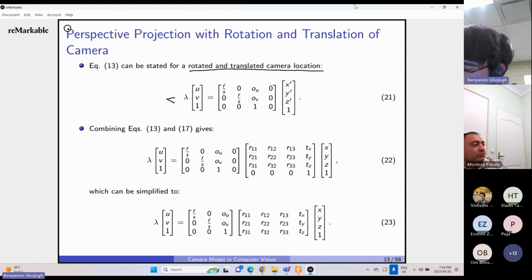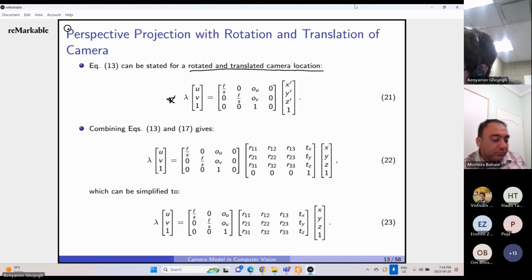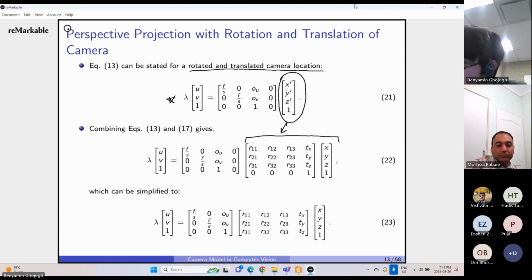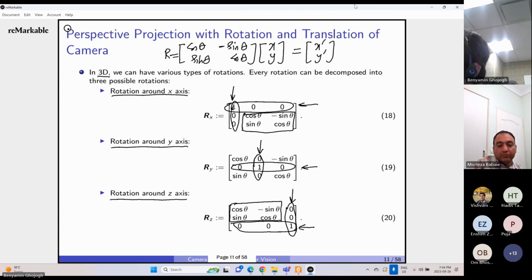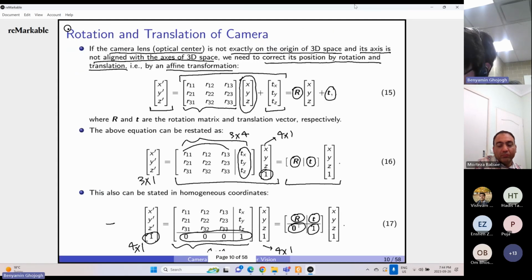All right. So I have this. Now, do you agree that I can... what was that? This itself was this. So it was applying rotation and translation on x, y, and z, according to equation 17, I believe.